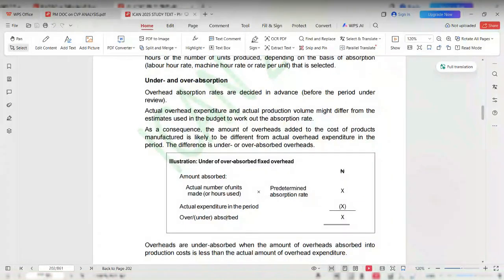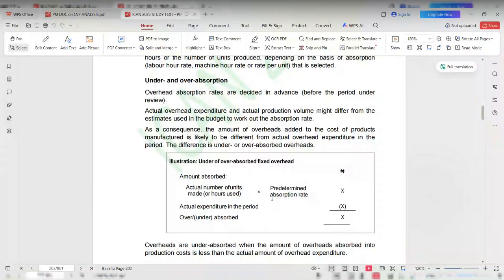That is going to give us either over or under absorbed. The amount absorbed is the actual number of units multiplied by the predetermined absorption rate, which is the one we use when we are doing our budget. Then we subtract our actual expenditure in the period. So it is going to give us either over or under absorption.